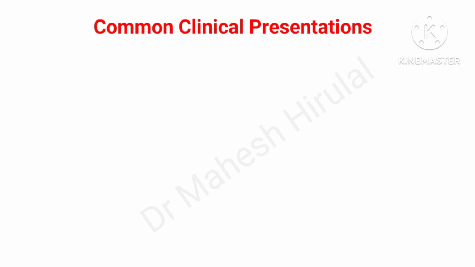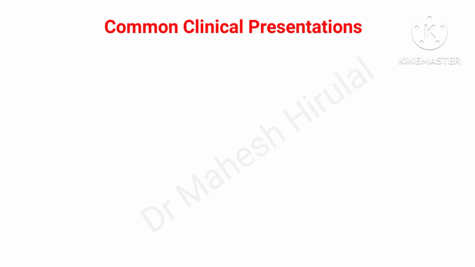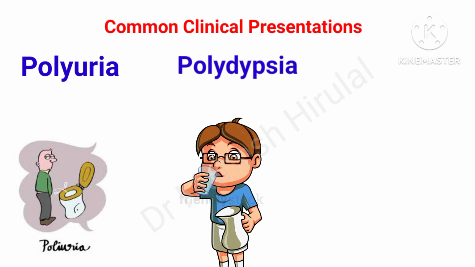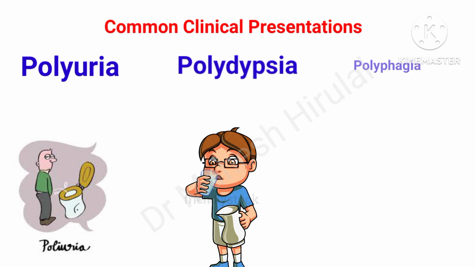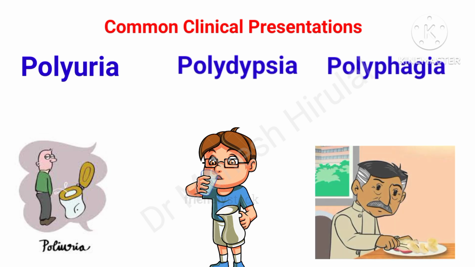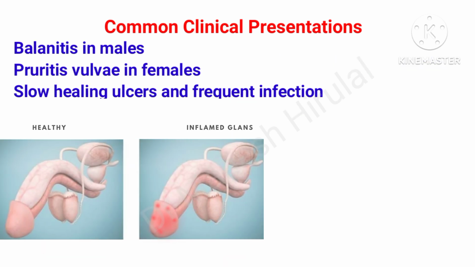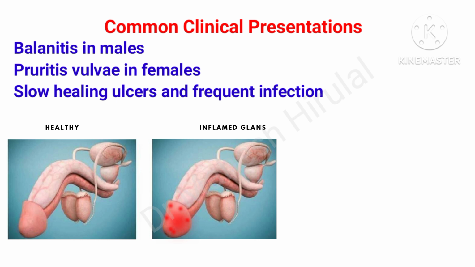Common clinical presentations of diabetes are polyuria, increased urination, polydipsia, increased thirst, and polyphagia, increased hunger. These are called the 3P of diabetes mellitus. The diabetic patients may present with balanitis in males and pruritus vulvae in females.